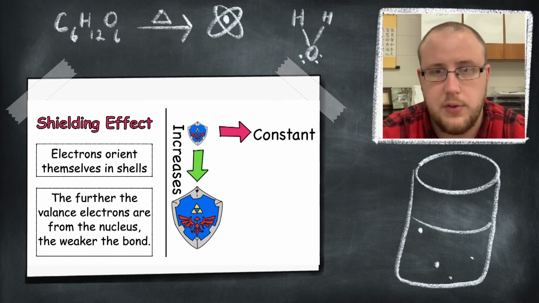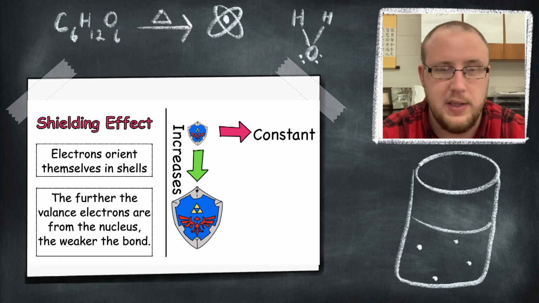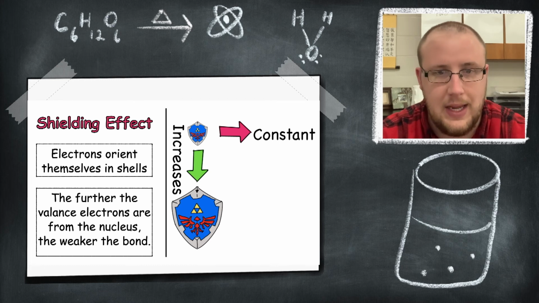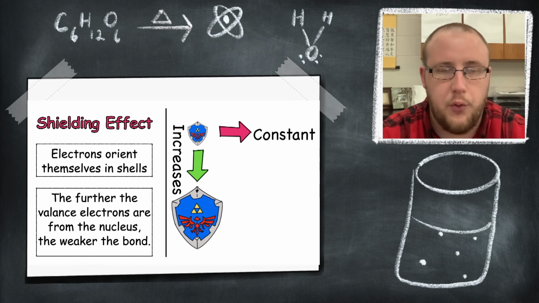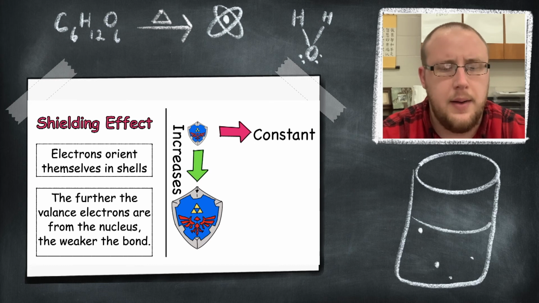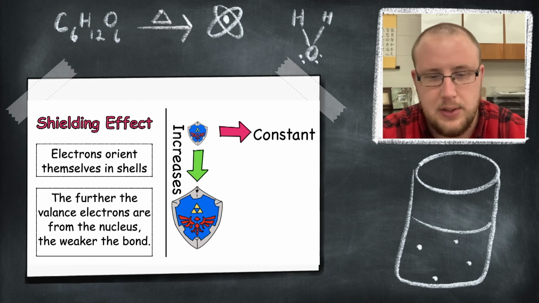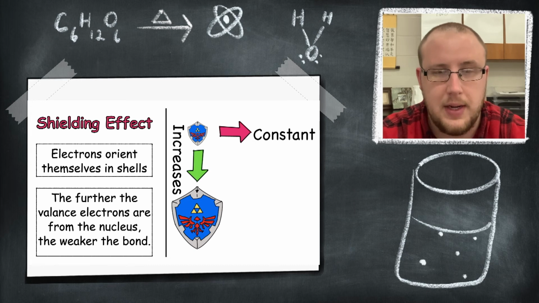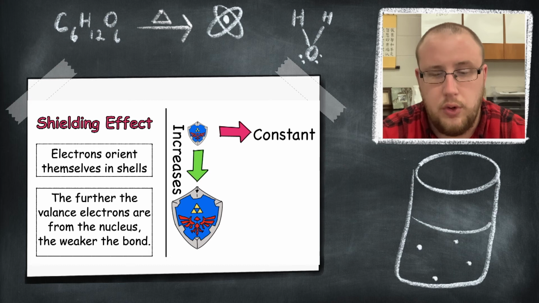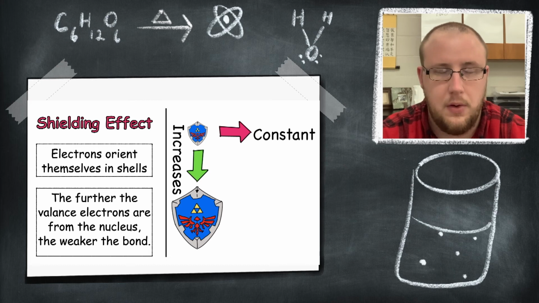The more levels there are, the more interference there is between the center, the nucleus, and the valence or outermost electrons. As we move from left to right on your periodic table, though, your shielding is going to remain constant. So the big thing that affects shielding is the energy levels. If you go down the periodic table, you're getting more energy levels.